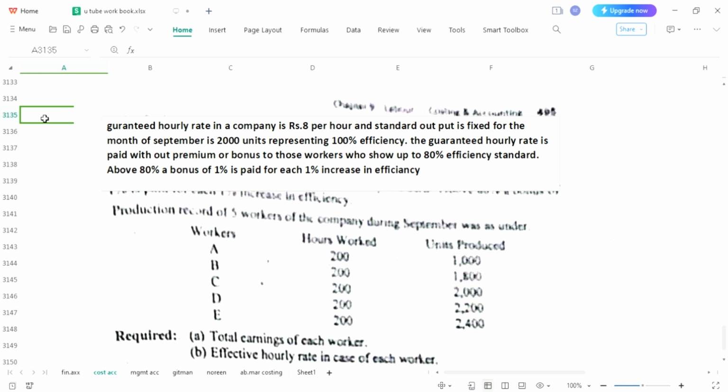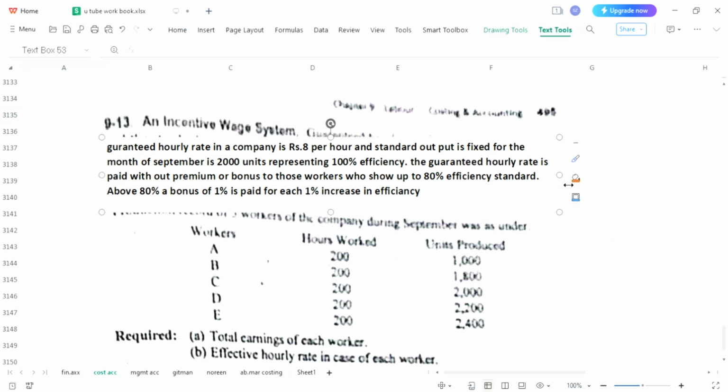And after revising, if you have any question or query regarding the solution, feel free to ask through messages, text, or meet directly. Don't hesitate to share your question. I will surely be available instantly to answer those queries. Question 9.13 has ended.